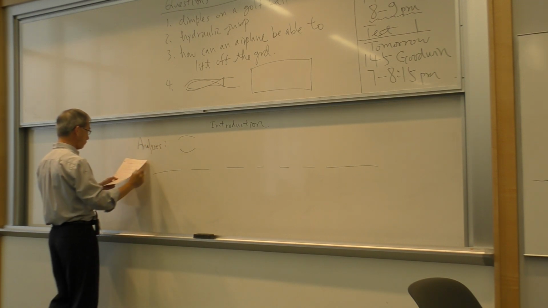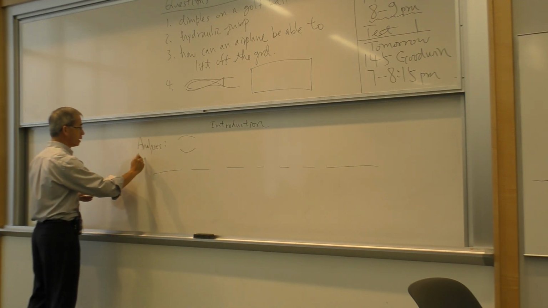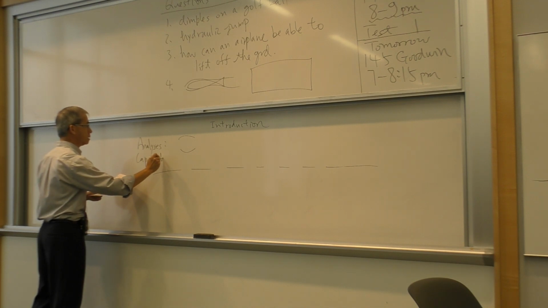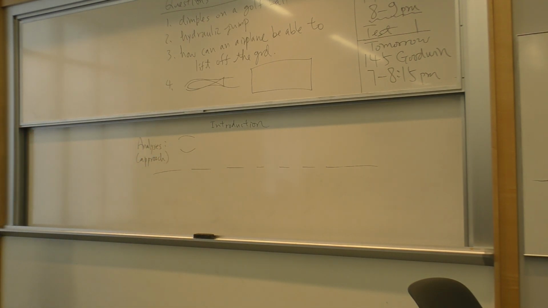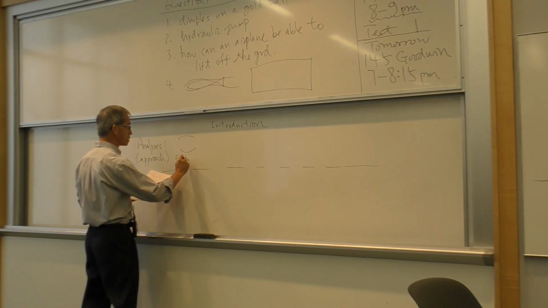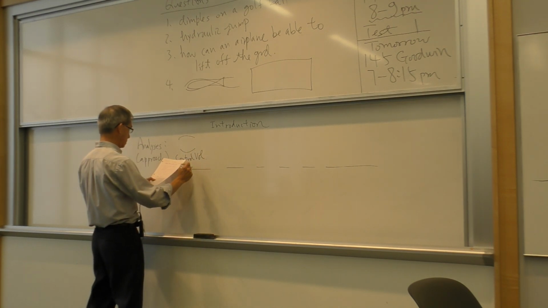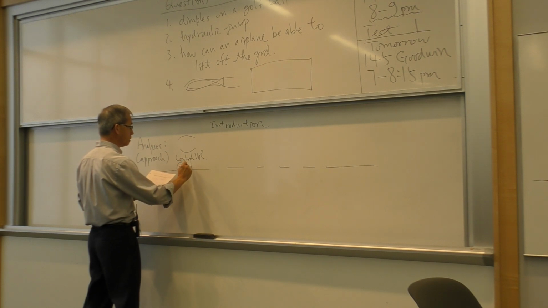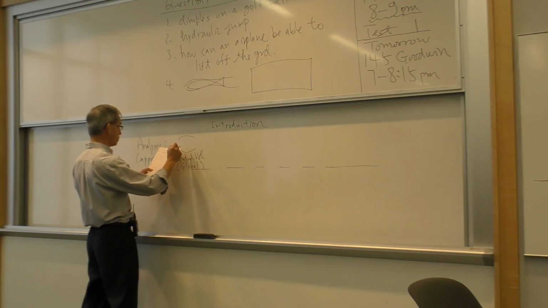How do I analyze the flow? Given a nozzle with an elbow and so forth, how to analyze the anchoring force. And for that, we use the so-called control volume. It's a global, big picture average approach.